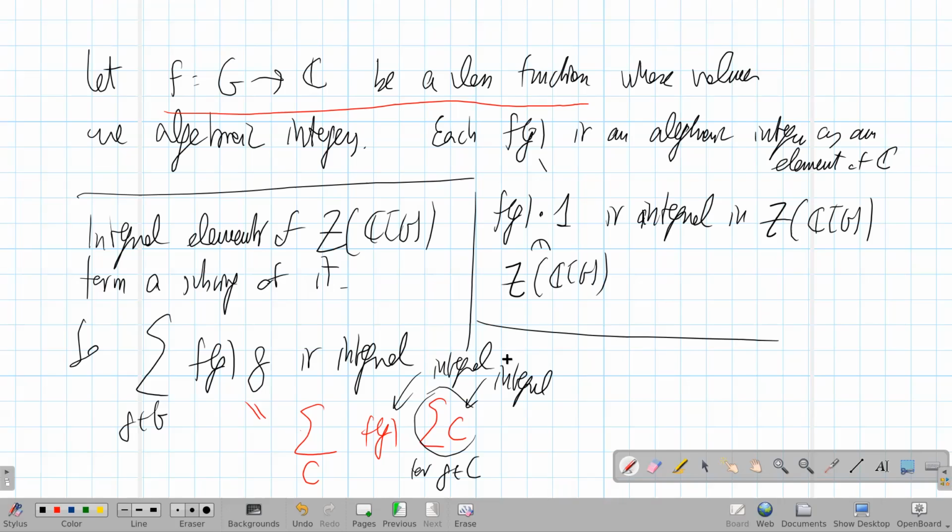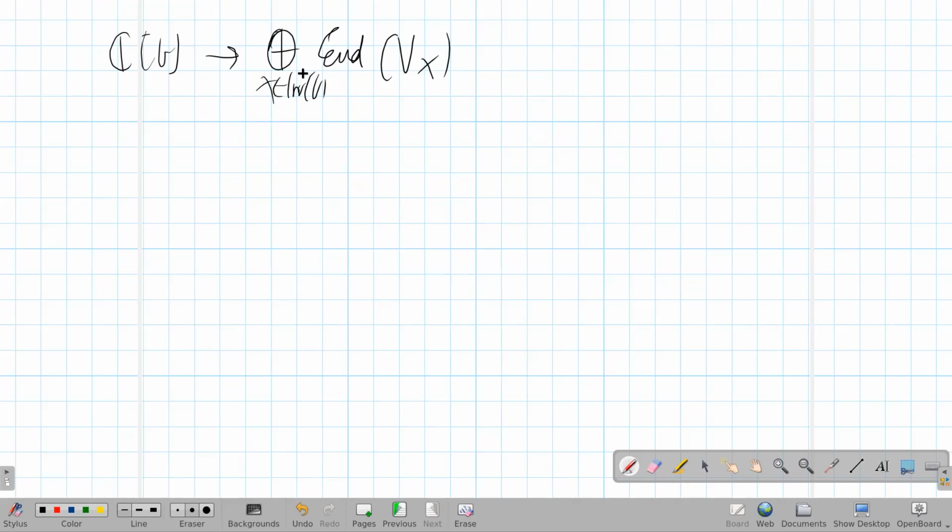But then we can apply our familiar isomorphism from CG to the sum of what we have recently called End(Vk), where chi ranges over the irreducible characters. So the Vk are the distinct irreducible modules.